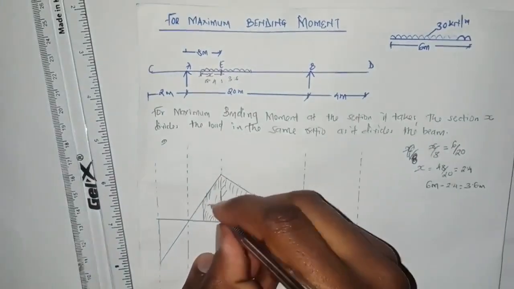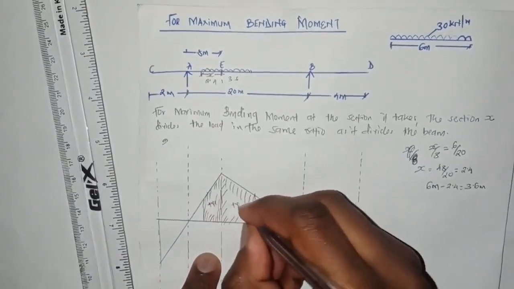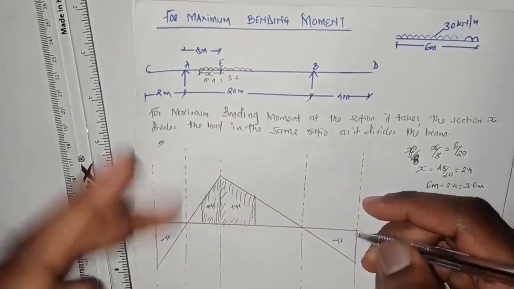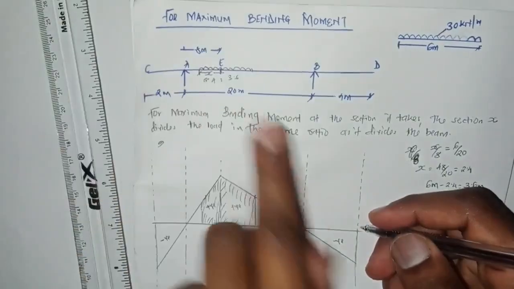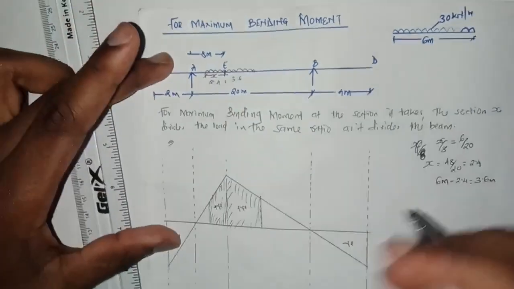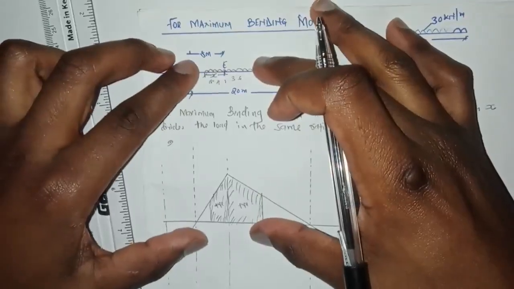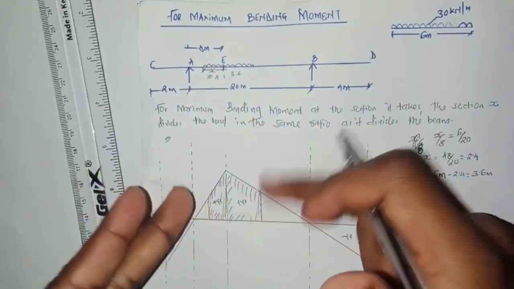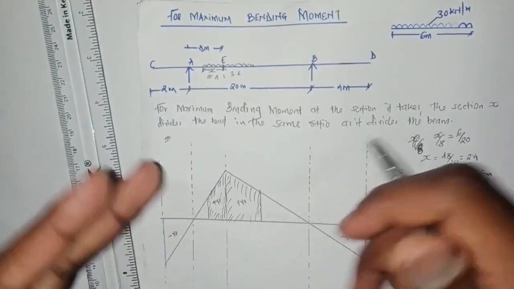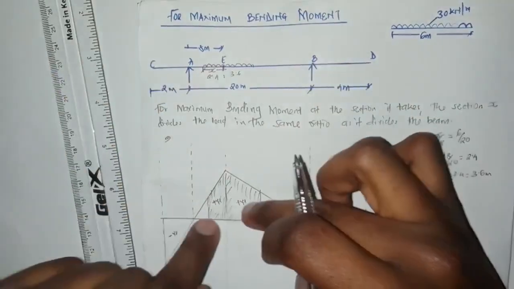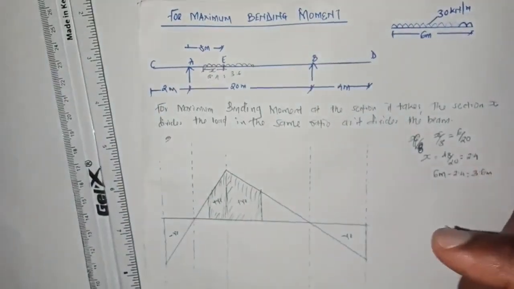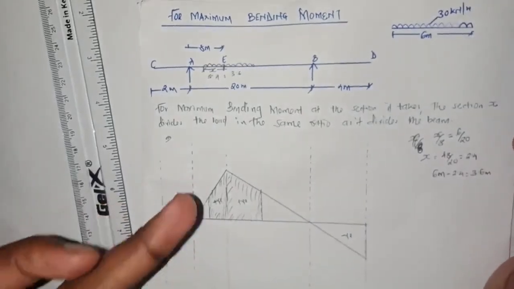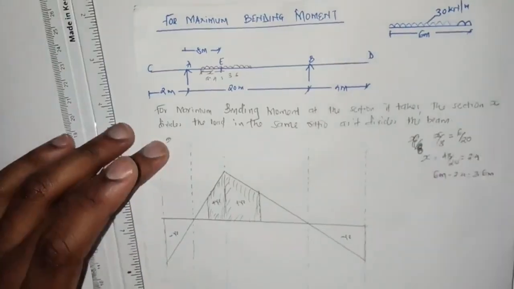So this is positive, positive, this is negative, negative. So how the UDL will be acting on our influence line diagram as it moves at point E. And this is the maximum bending moment that we are told to calculate.